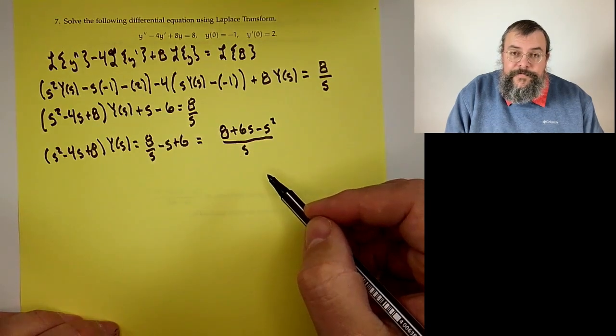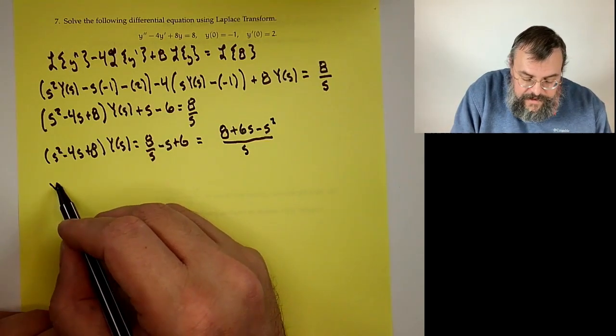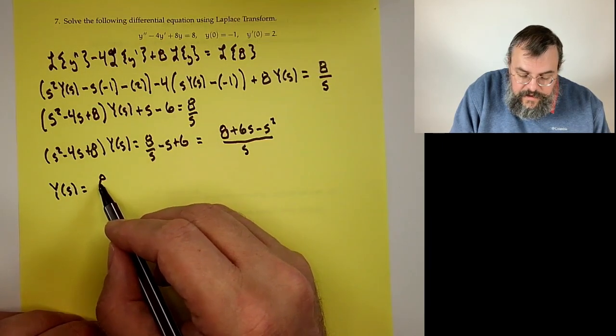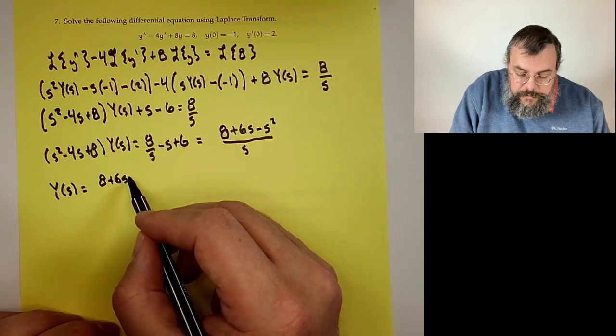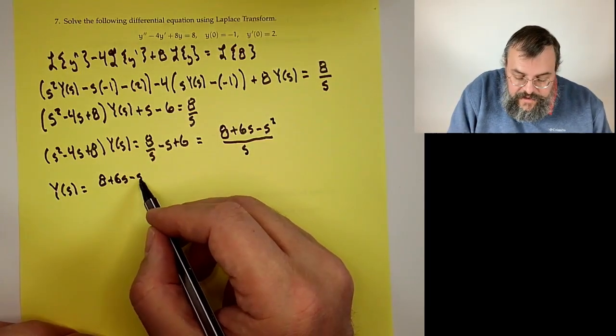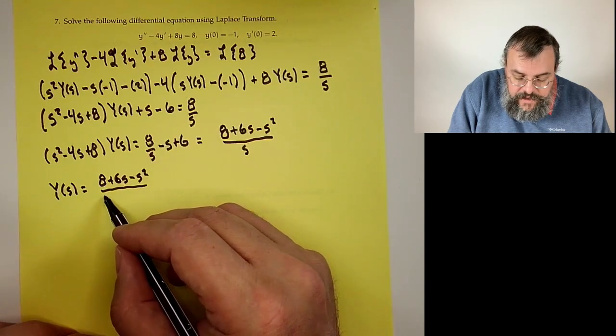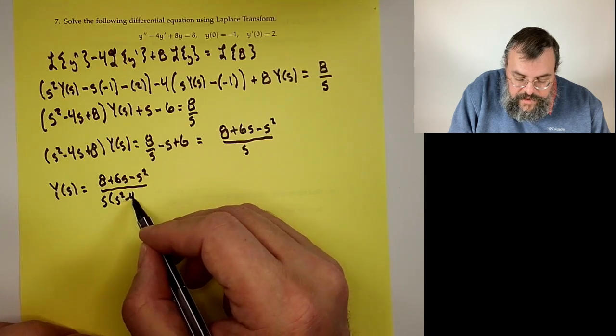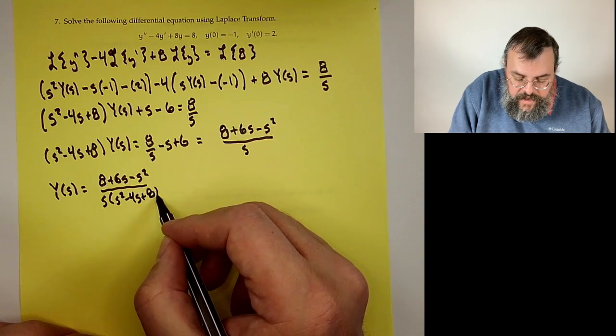All right. So, finally, y of s is 8 plus 6s minus s squared, all over s times this s squared minus 4s plus 8.